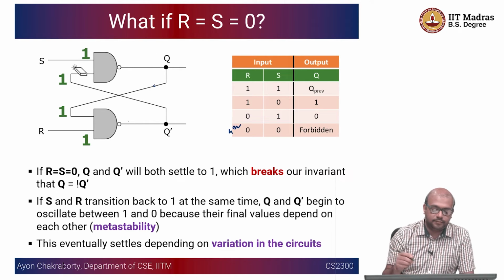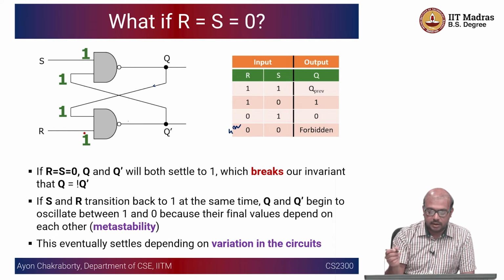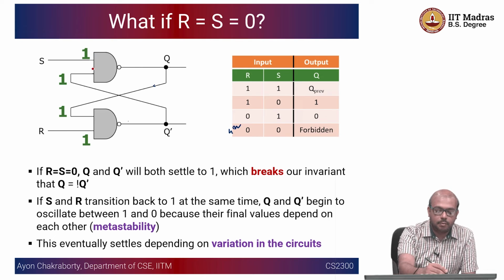Once we have this cross-coupled structure, as well as these values being 1 and 1, and they were changing from 0, right? So earlier there was a different value, and now they want to change. So in this particular case, with 1 and 1, both of them should typically output 0.